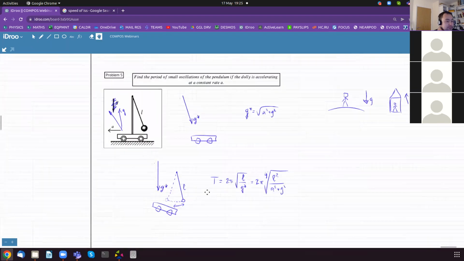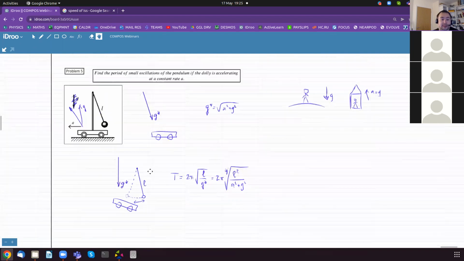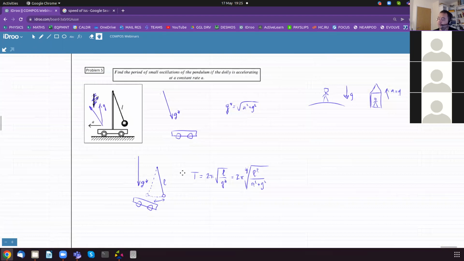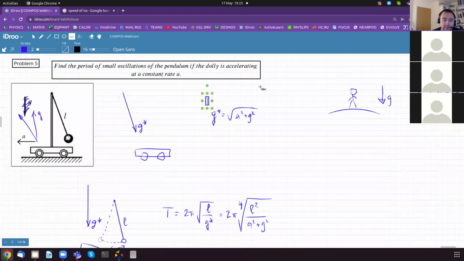Does this make sense? Give me some comments, maybe questions. g is the perceived acceleration.